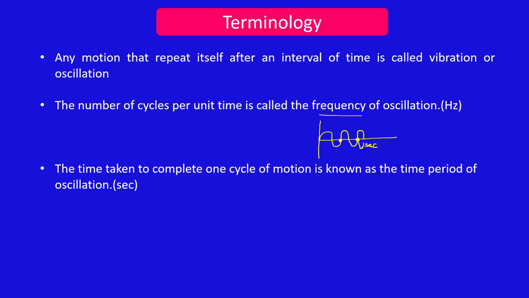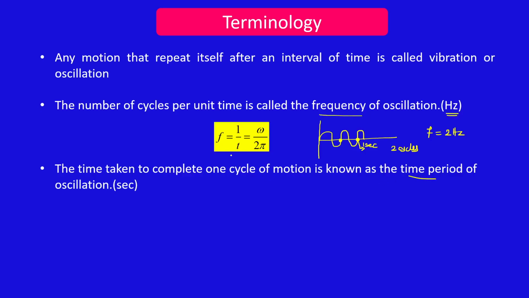Take this point as 1 second. So the number of cycles completed per second is 2 cycles. So this is called frequency. Here frequency equals 2 hertz. Unit for frequency is hertz. The formula for frequency f is equal to 1 by time, equal to omega divided by 2 pi.